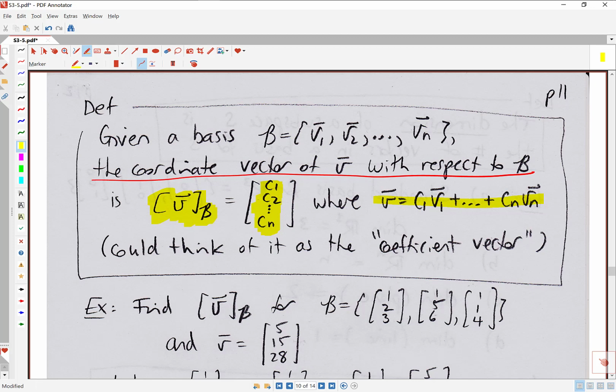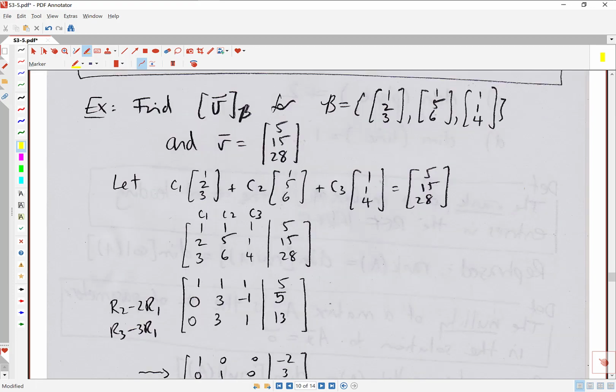So all this is doing is encoding what coefficients I have to use for these particular basis vectors to build V. So the problem is to find this thing, which in words we would read as the coordinate vector of vector v with respect to basis B.